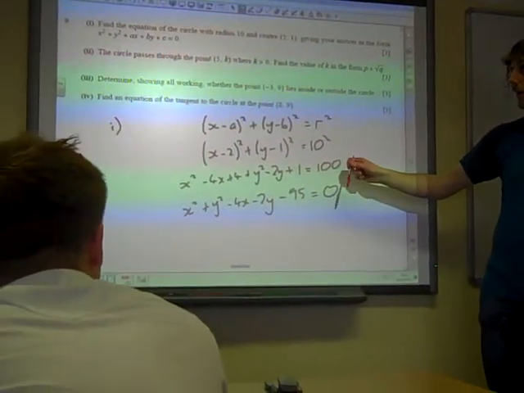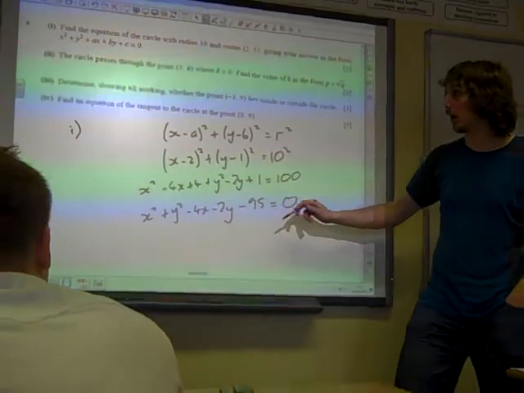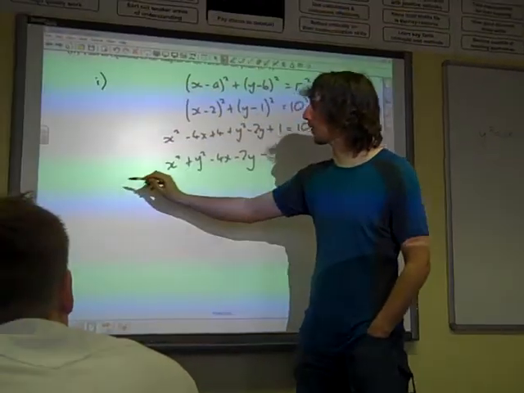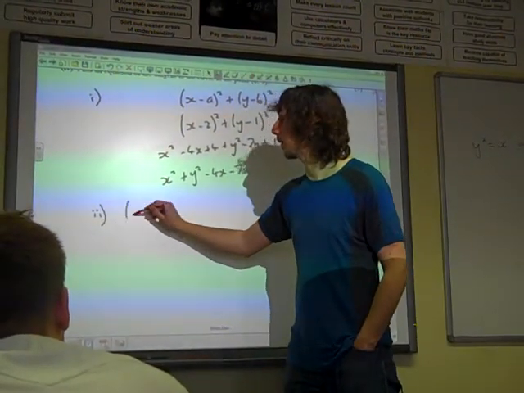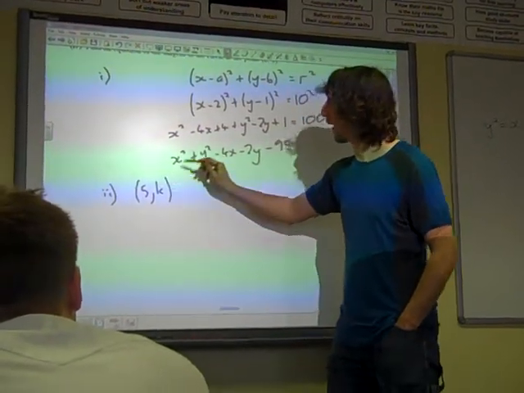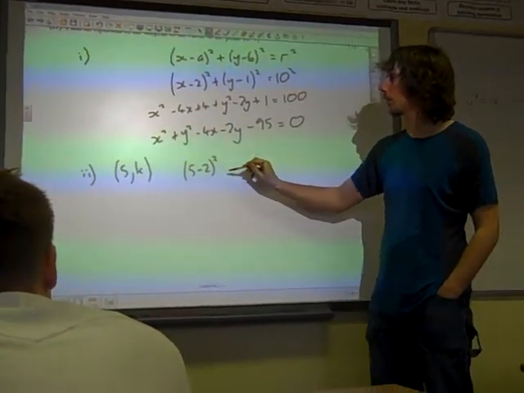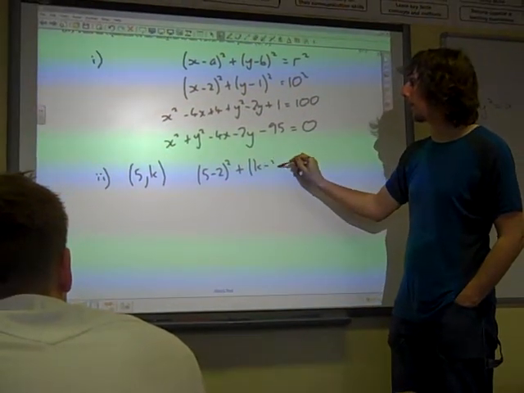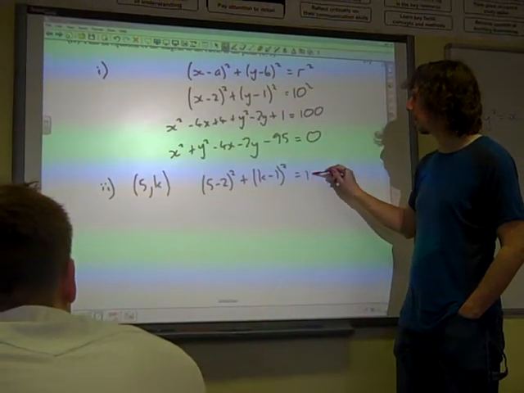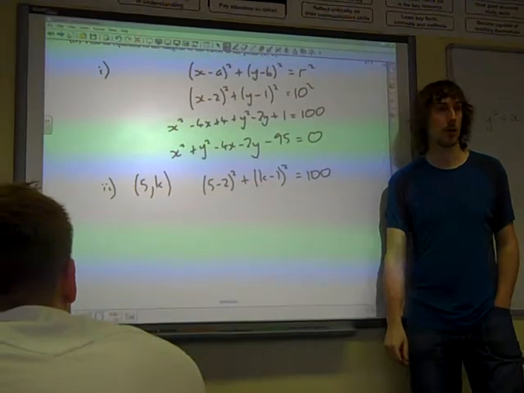So part 2, it passes through the point (5, k), so x equals 5, y equals k. That would be (5 minus 2) squared plus (k minus 1) squared is equal to 100.